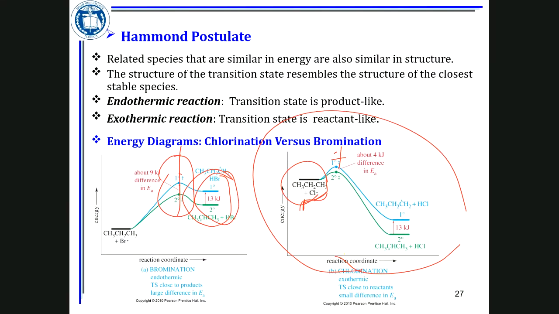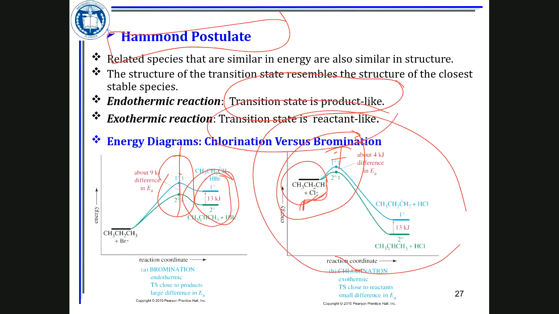And if it's reactive, the transition state is going to be very close to the reactant. Product-like is for endothermic reactions. Reactant-like is for exothermic reactions. And that is known as the Hammond postulate. Endothermic reactions are product-like for the transition state, and exothermic reactions are reactant-like.